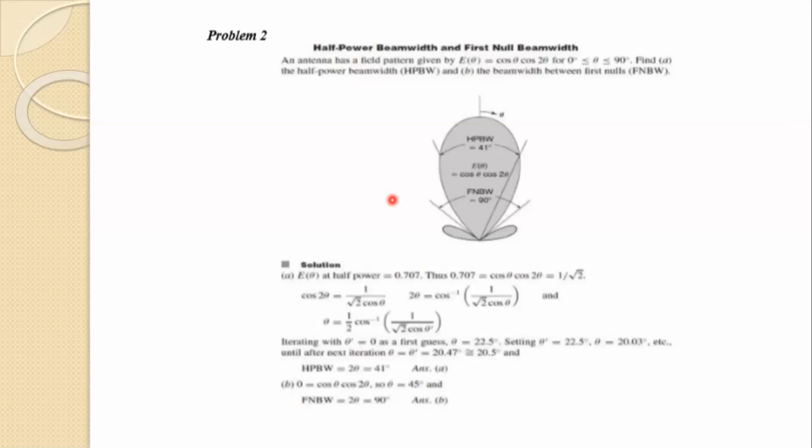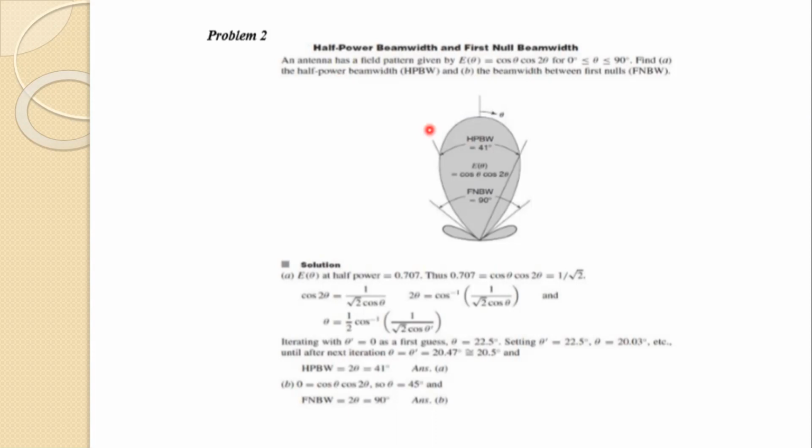Take down the next problem. A lossless resonant half wavelength dipole antenna with input impedance of 73 ohm is connected to a transmission line whose characteristic impedance is 50 ohm.